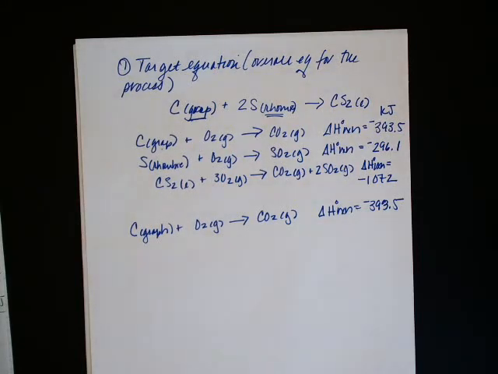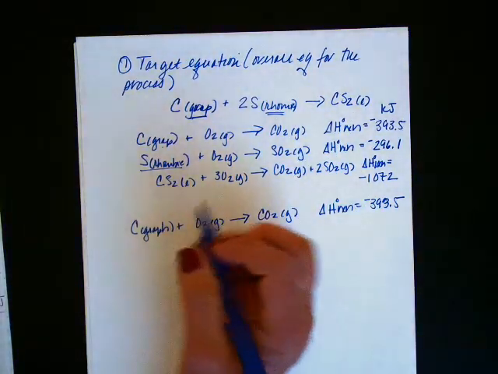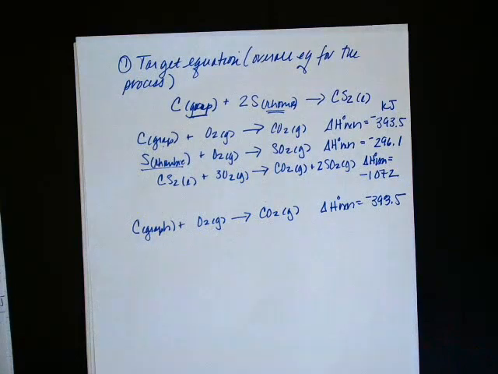S rhombic is one of our reactants, but how about the coefficients? Do we have the number of S's we need? No, we don't.